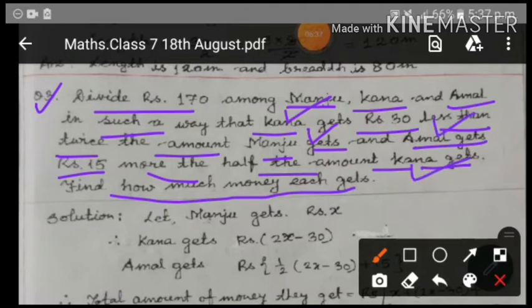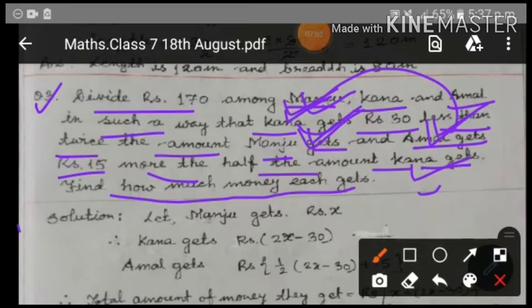So the basic person in terms of whose money the others' money has been expressed is Manju.